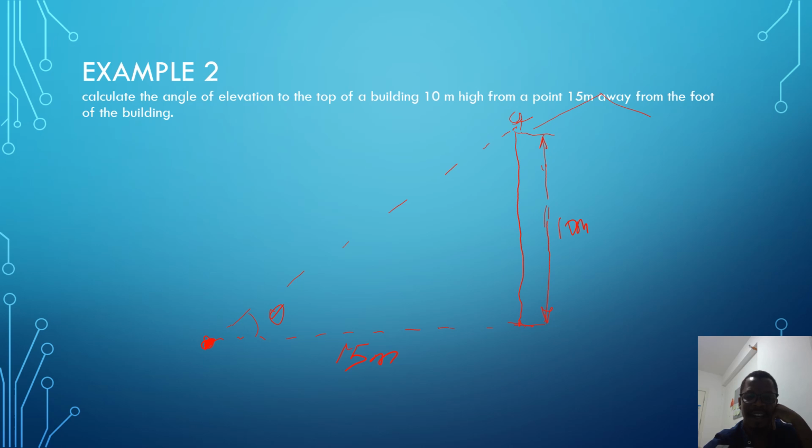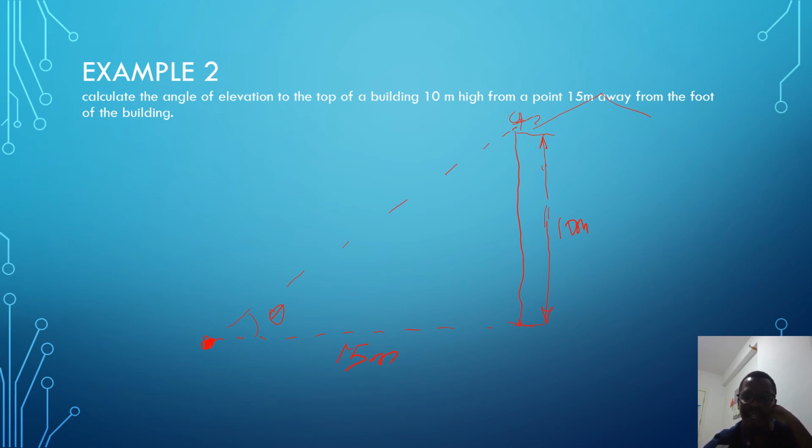So we say we want to shoot this thing here. Let's not put a person. Maybe there is an animal here, let's say a lion. We want to kill that lion. It's on top of that building. We want to kill it, but we can't get close to it.